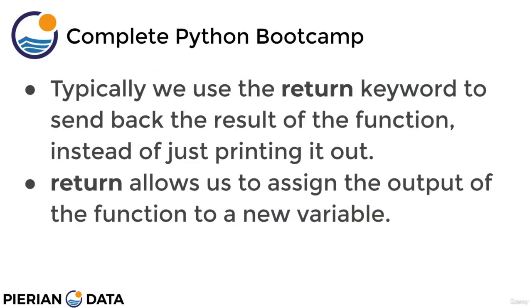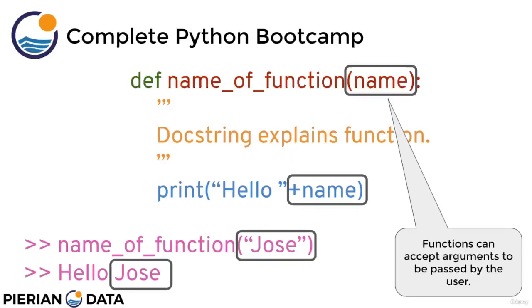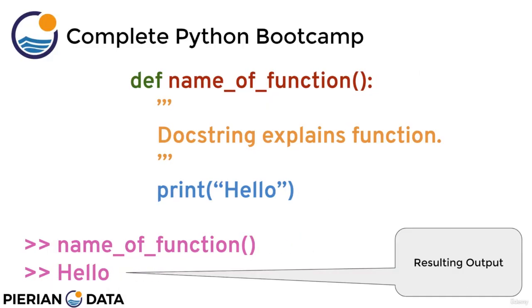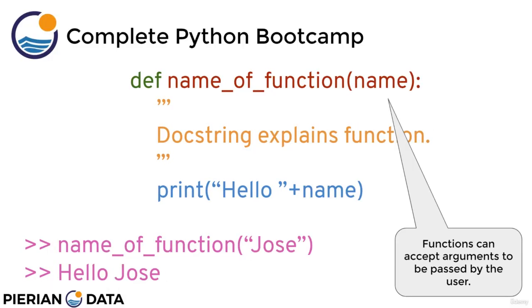Now typically, however, we're going to use the return keyword to send back the result of the function instead of just printing it out. So far, if we take a look at our examples here, we've just been using print inside of the functions, like print hello or print hello plus name. In general, you're very rarely just going to have a print inside of a function, because you might as well just call print outside of the function.